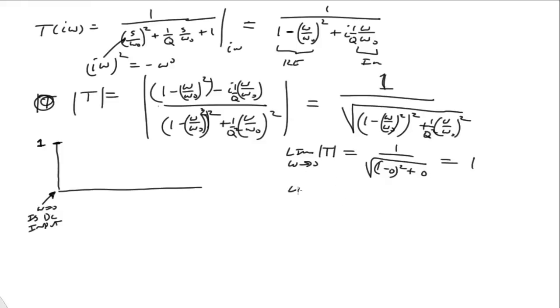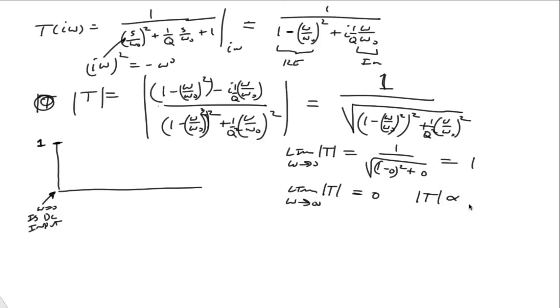Then, of course, we take the limit omega going to infinity of T. And we see that this is going to have a slightly different behavior. It's certainly going to 0, but it's going to 0 at a different rate. For very large omega, we see that this term here, there's a 4th order term there, and that becomes square rooted.